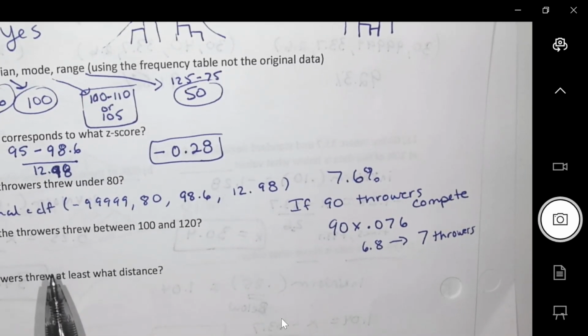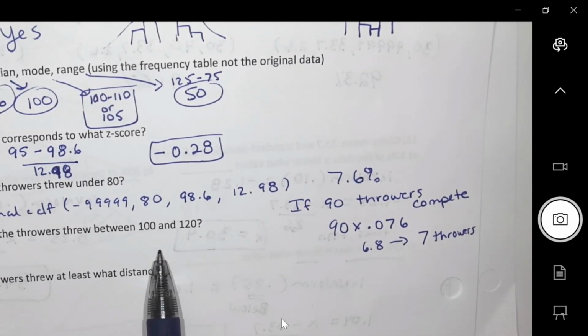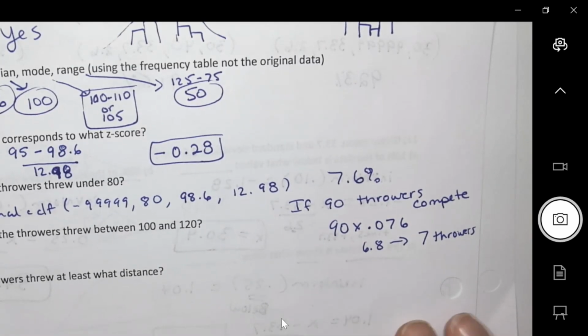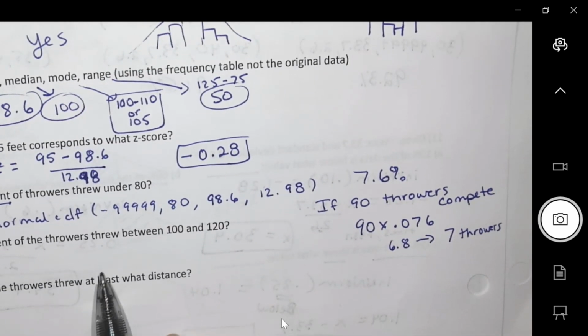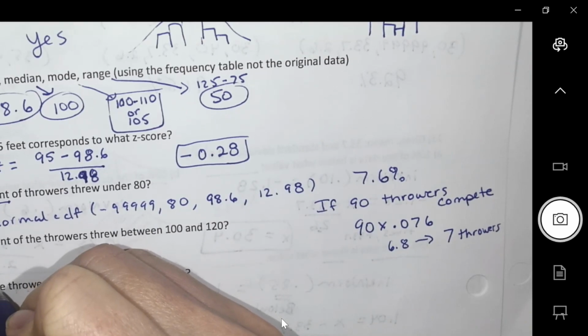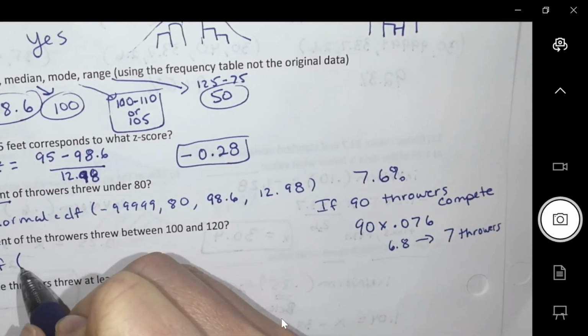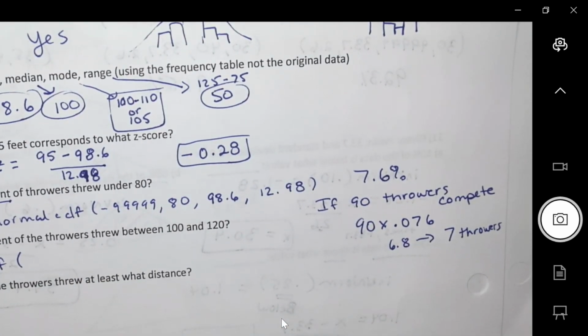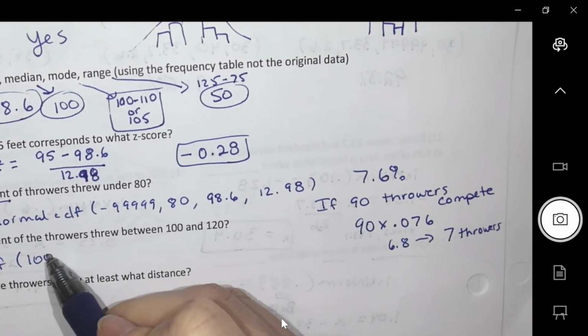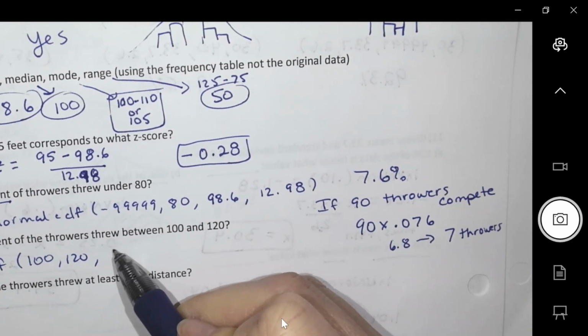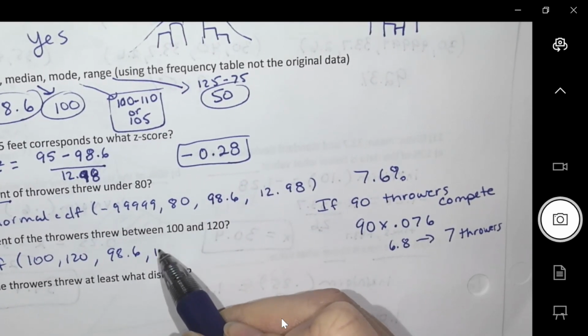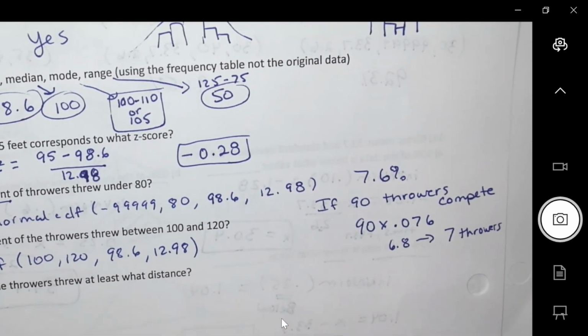Are you okay if I just, what do you guys want here? Time? Ah, we have time for them all. What percent? So again, we're going to do a normal CDF. 100, 120, 98.6, 12.98.